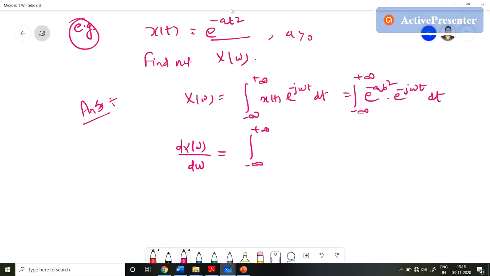So let us combine these two exponentials before differentiation.